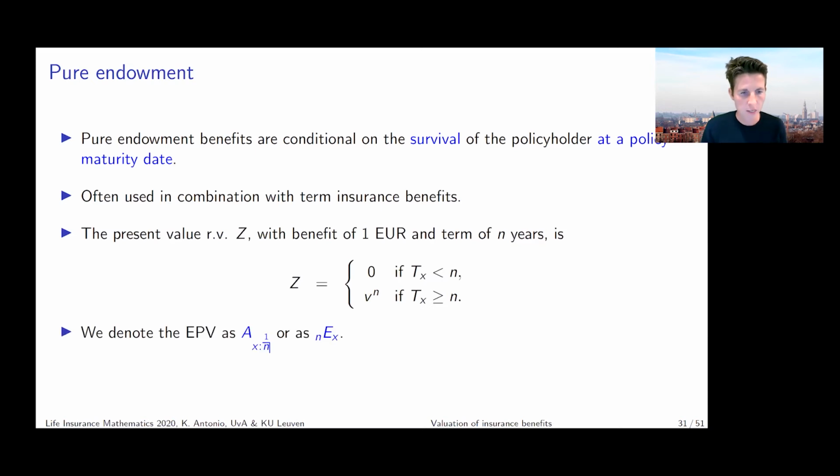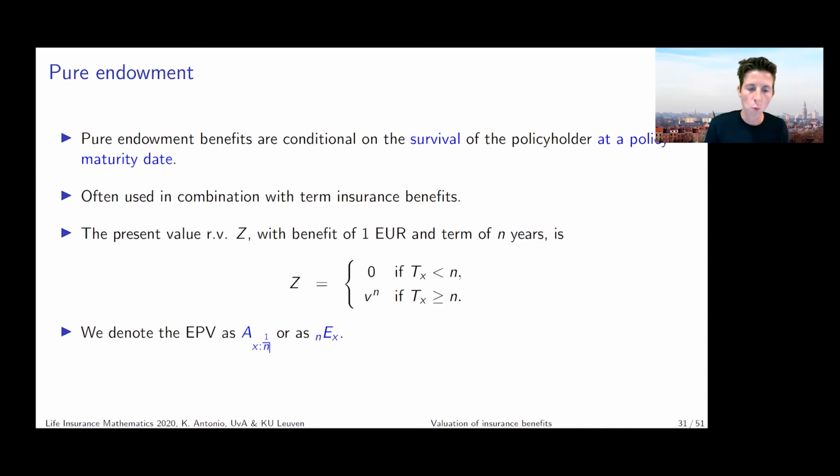If you look at the notation, things now become complicated in the sense that we're going to play with the position of this superscript 1. So now we're going to put this superscript 1 on top of the n, because what we're interested in here is that we're going to pay the benefit of €1 if the policyholder survives until time point n. So that's how I keep in mind, or how I try to remember this for myself.